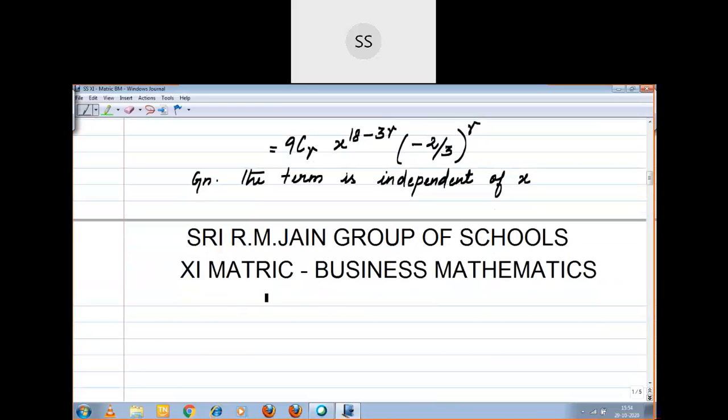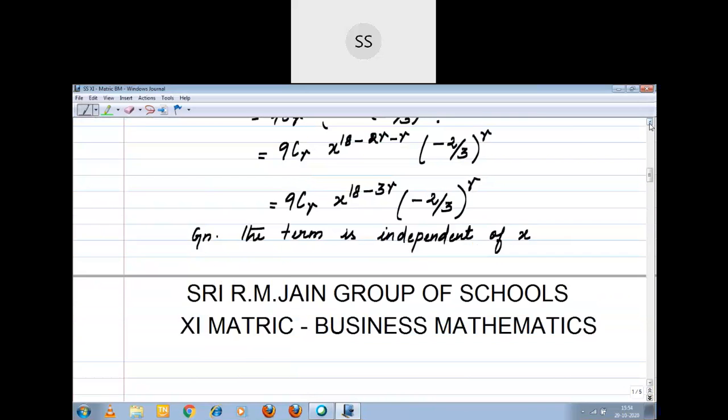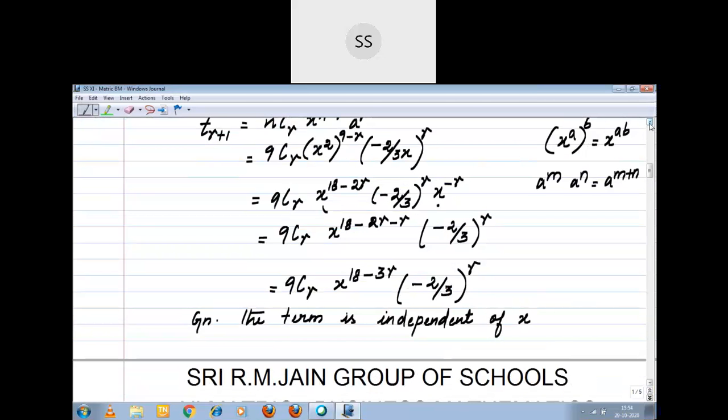What is the power of x? 18 − 3r. So 18 − 3r is equal to 0, because the term is independent of x means the power of x is 0.